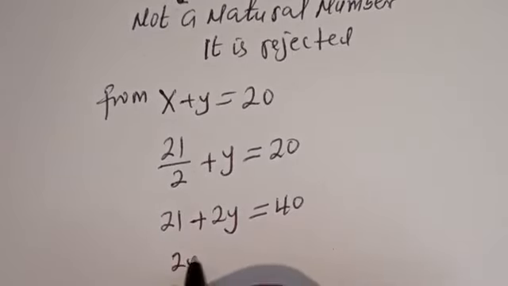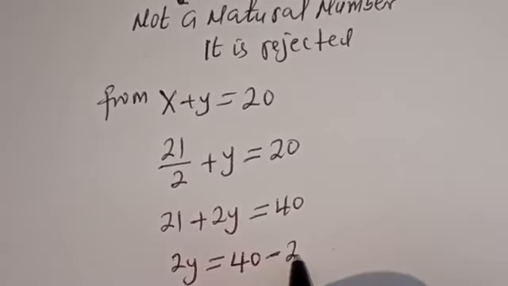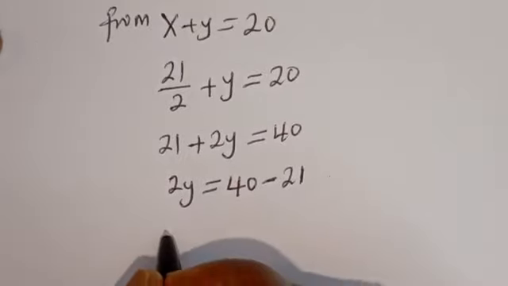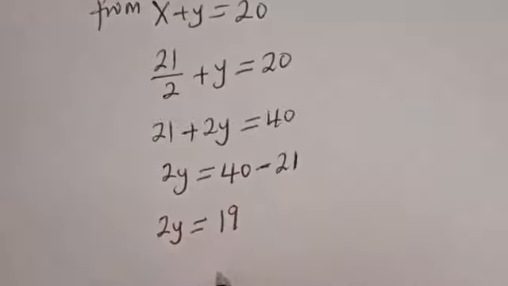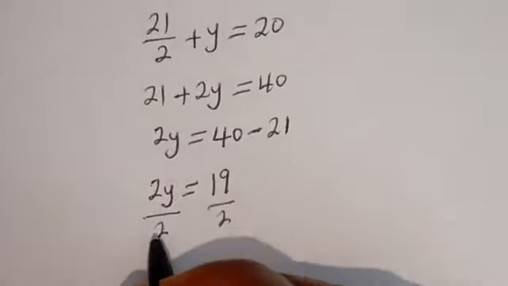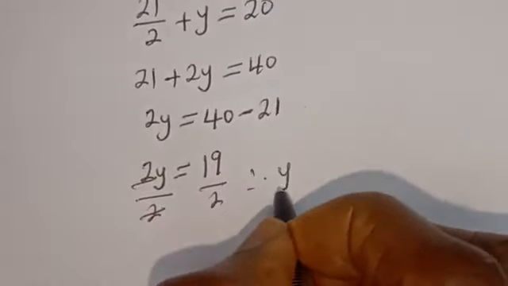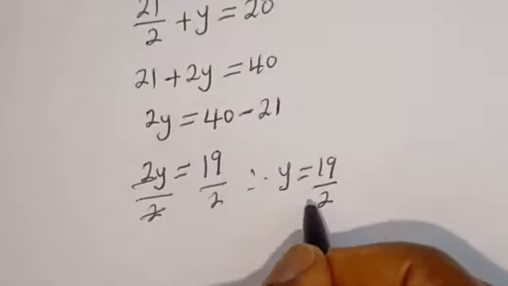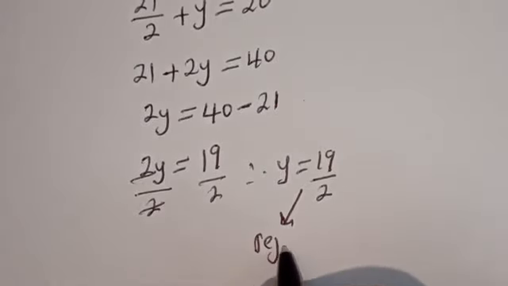Now, 2y is equal to 40 minus 21, this is 19. Then let's divide both sides by 2. Therefore, y is equal to 19 divided by 2. And this is not a natural number. It's also rejected.